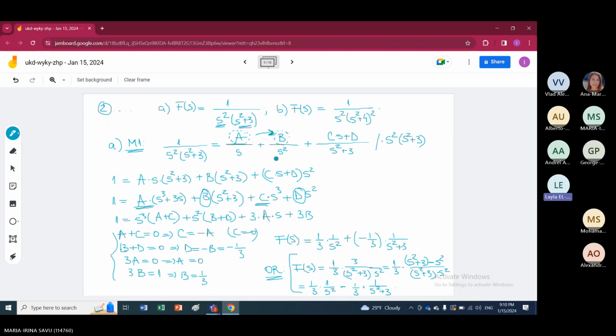Okay? Because you have this one at power 2, but it doesn't matter because delta here is negative. But here in this case, delta is negative. And because you have here something of degree 2 with delta negative, you must put here something of degree 1, which is in this.